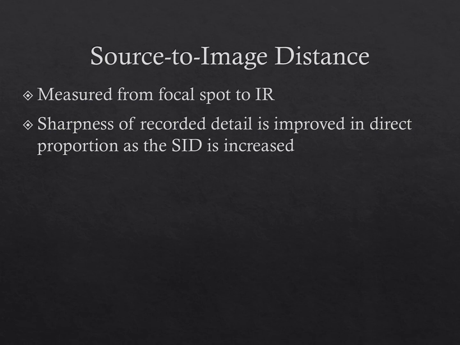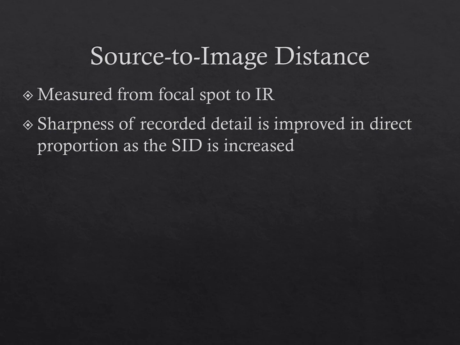Here's my best example, which is kind of ridiculous. Say in a chest X-ray, I want to see the heart. That's one of the things I want to visualize in my chest X-ray, which is why we prefer a PA chest X-ray in lieu of an AP chest X-ray.